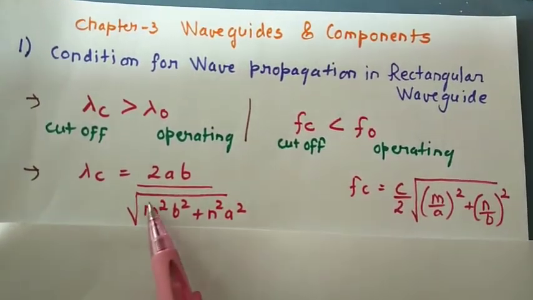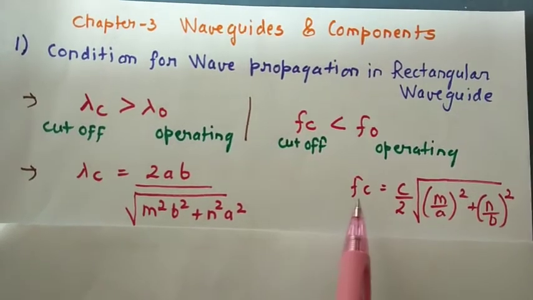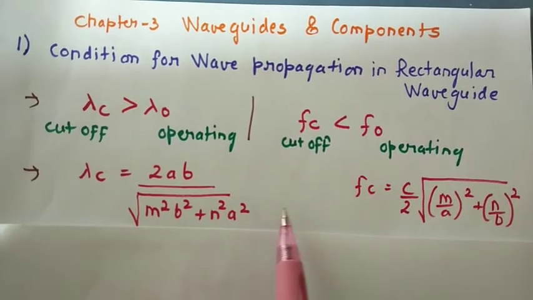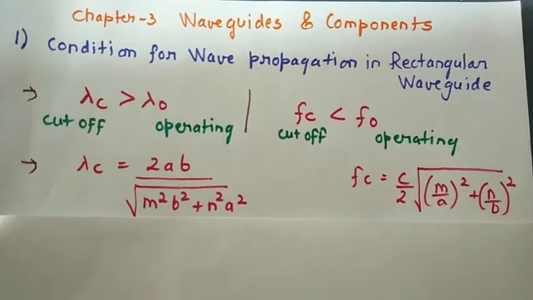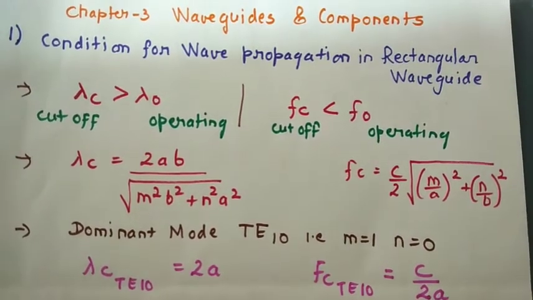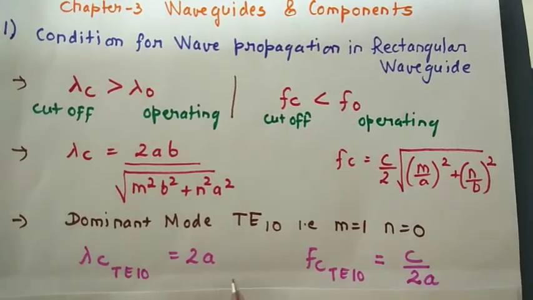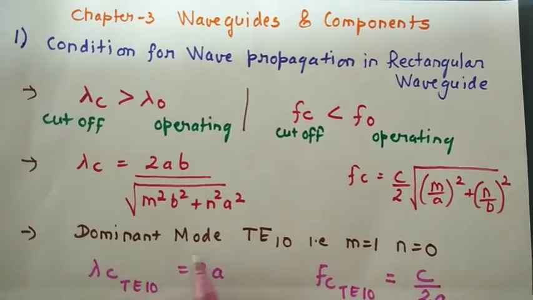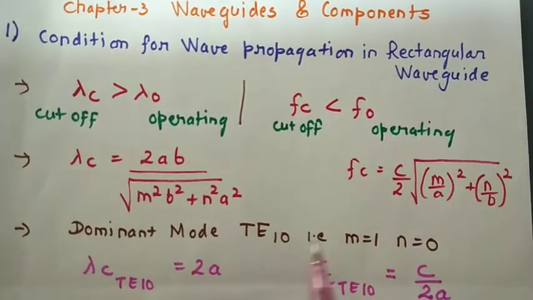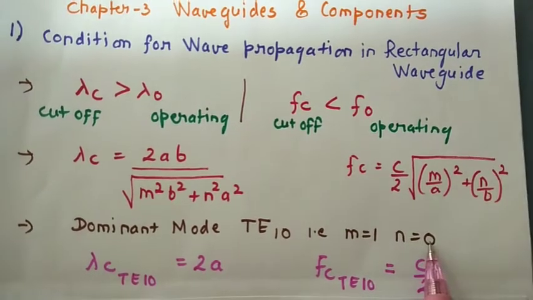Now we can use this cutoff frequency to find out which mode is able to propagate through the waveguide. For example, if it is the dominant mode in the rectangular waveguide, you know that dominant mode is given by TE10, that is m is equal to 1 and n is equal to 0.